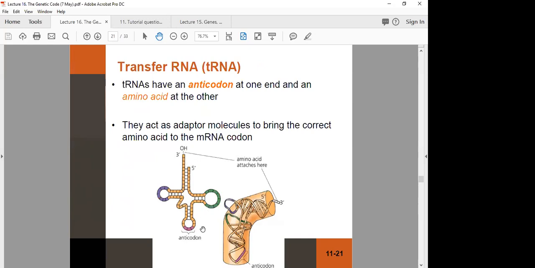At the other end of this transfer RNA molecule, there is a sequence of 3 RNA nucleotides here, which is referred to as an anticodon. So transfer RNA molecules are carriers of amino acids. There's one type of transfer RNA molecule that carries one type of amino acid. That means there must be 20 different transfer RNA molecules, one for each type of amino acid.